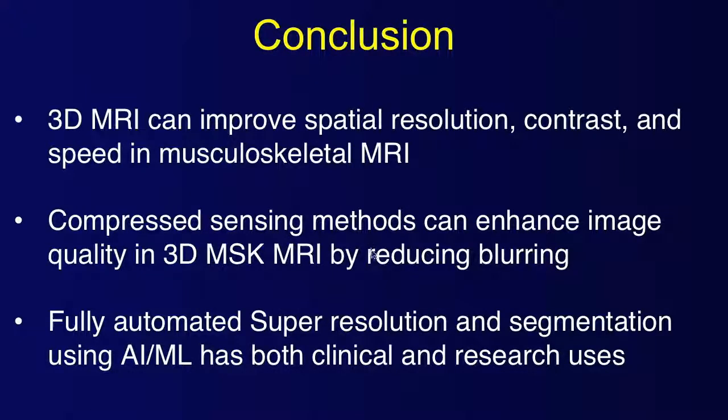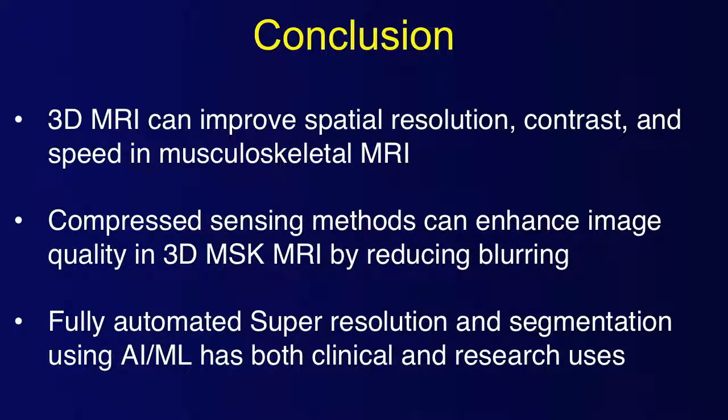This is chiefly through enhancing the image quality by reducing blurring and other artifacts that we see on prior iterations of three-dimensional fast-spin echo. There are other approaches as well, like T2 shuffling and simultaneous multi-slice imaging, which I didn't have time to cover here.